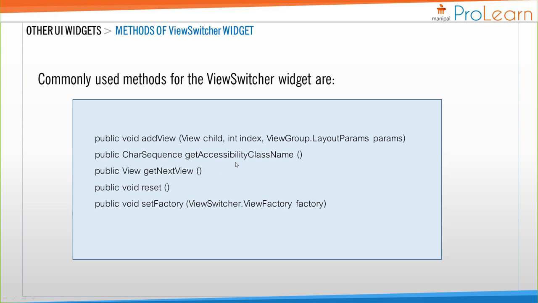Then get accessibility class name is to get the class name. Get next view, you can get the next view. Reset is to reset the view. Set factory is a method you can use to set up the view switcher in the way it has to work. That is the purpose of the set factory method.